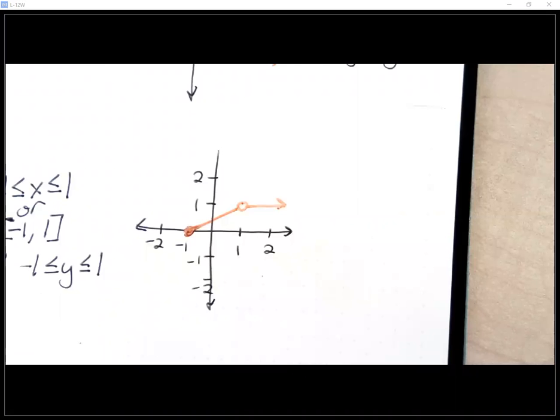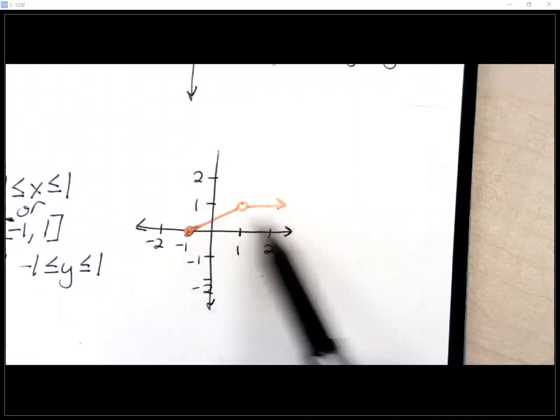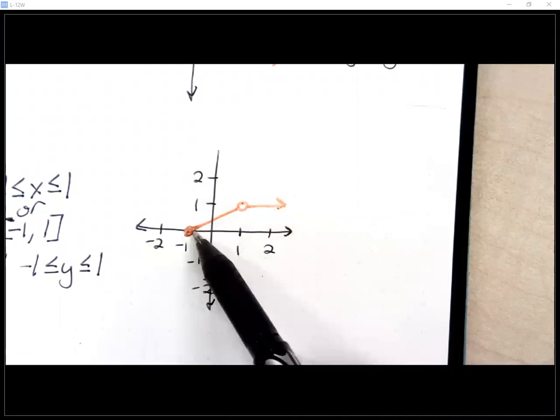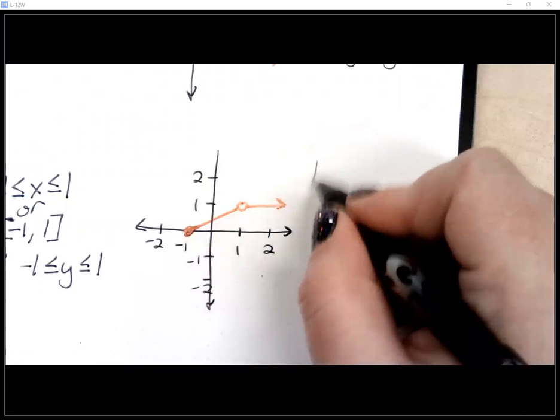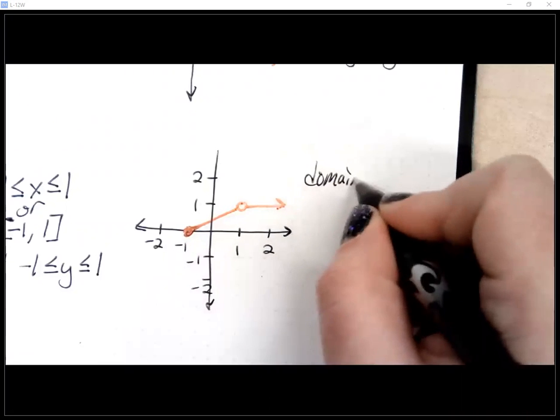So domain, let's talk about x values. It's not going to be all reals because this isn't covering everything, right? This side is going forever, but I stop here. This doesn't keep going forever. So I have this very clear, definite endpoint here. I think it's easiest to just move from left to right.